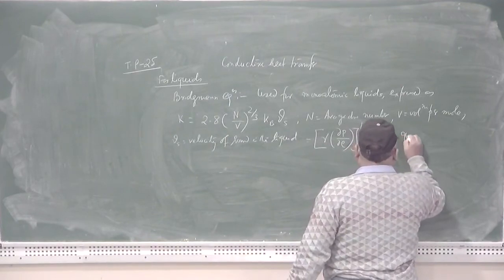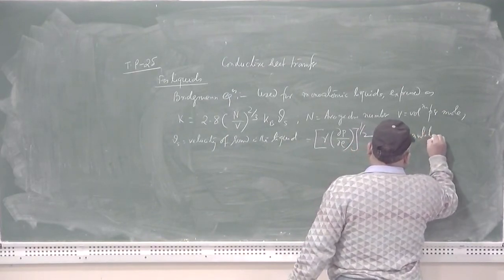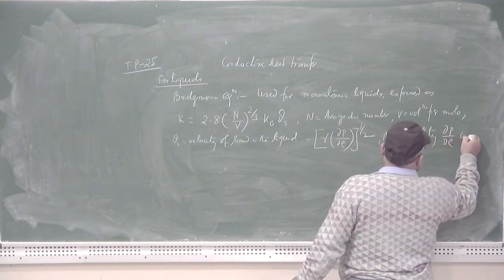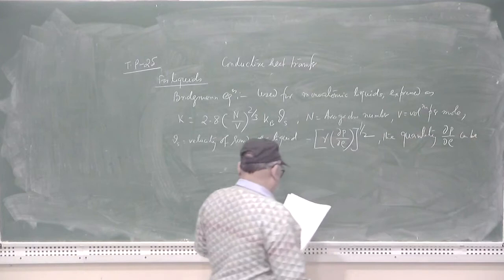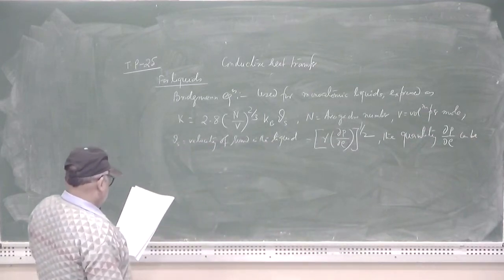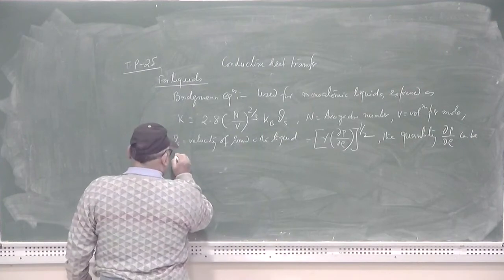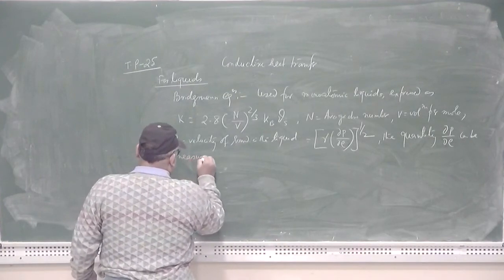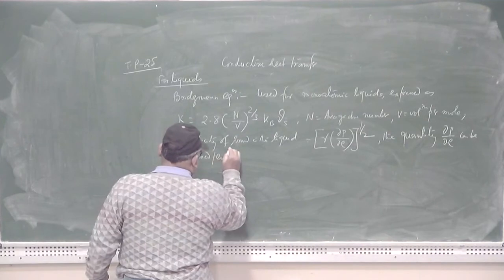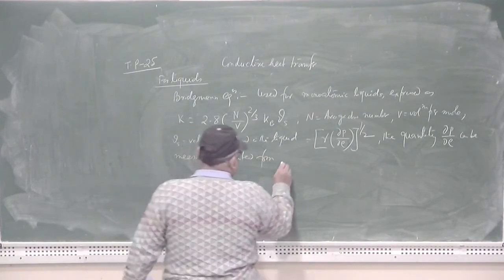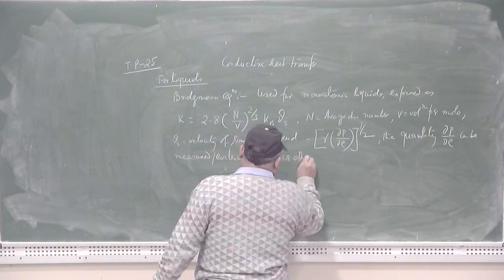This quantity delta P by delta rho can be measured or evaluated from isothermal compressibility data.